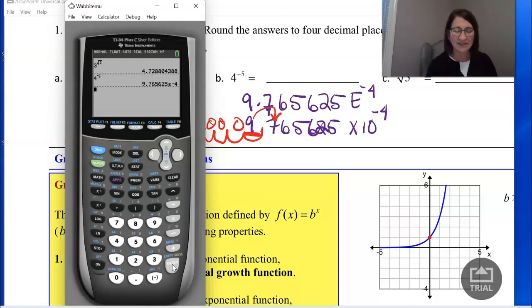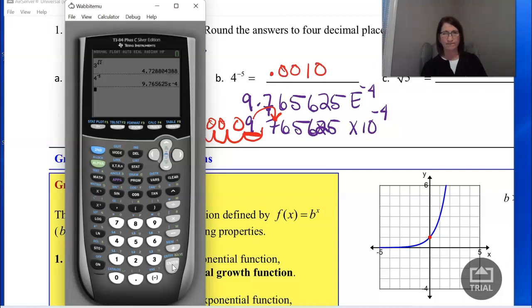But I have to look at the 7 immediately to the right to make a decision. That 7 is telling me add 1 to the 9. Well, 9 plus 1 is 10. So this is going to give me 0.0010. There's that 10 right there. Now that has been rounded to the 4th place.